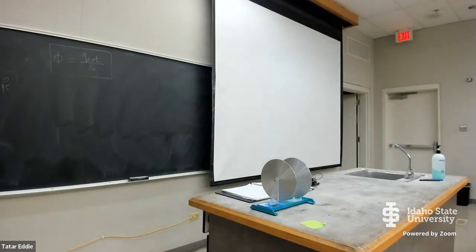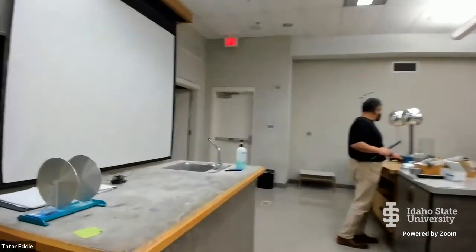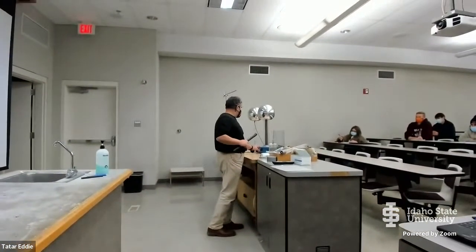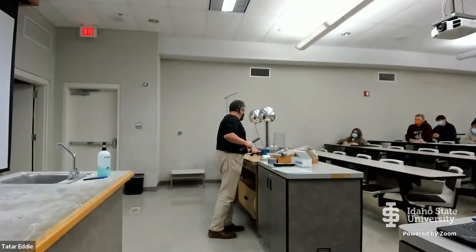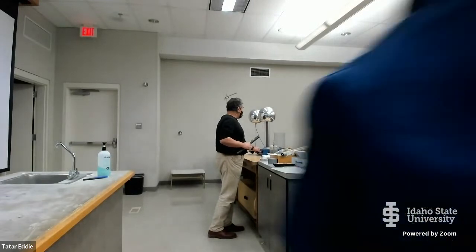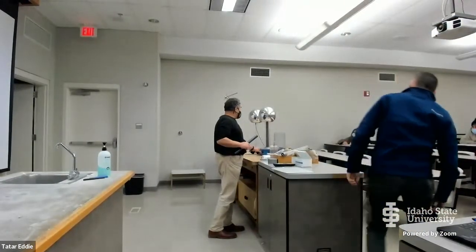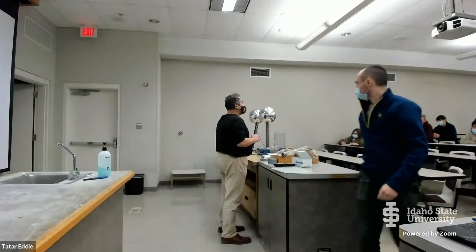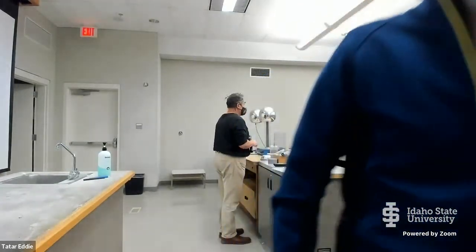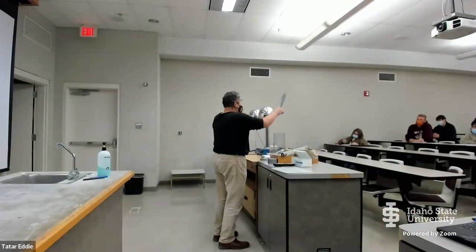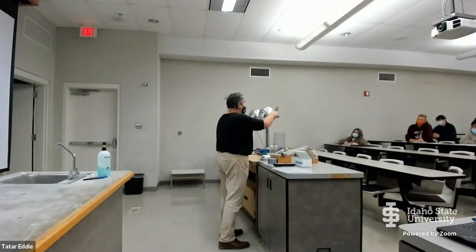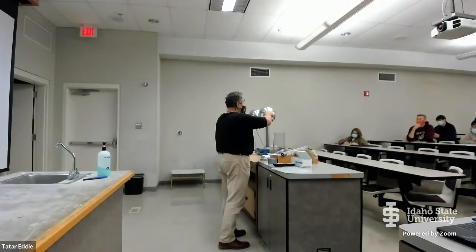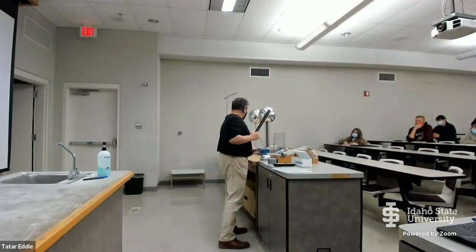So if I turn on this Van de Graaff generator, here it is, and generate and get some excess charges on the metal sphere, the electric field, even at a relatively large distance from the generator, is going to be strong.